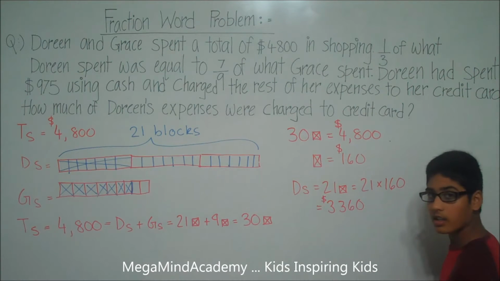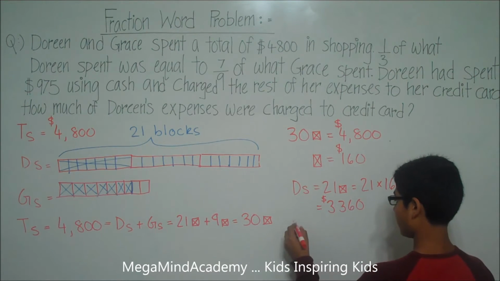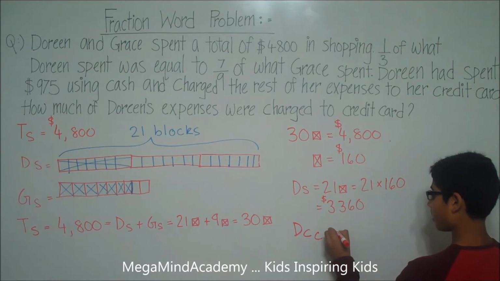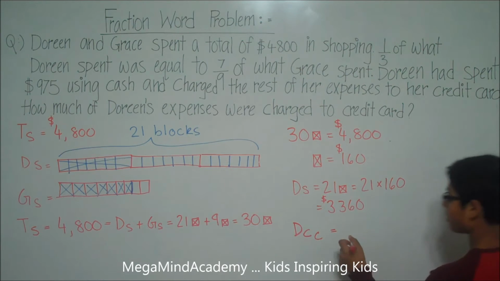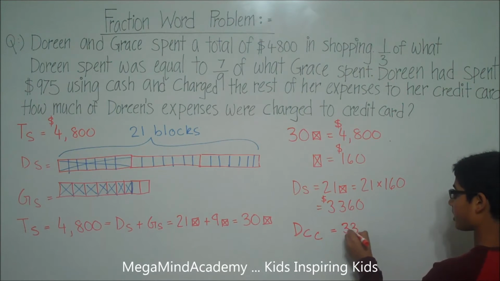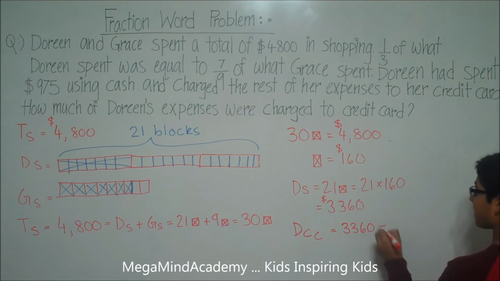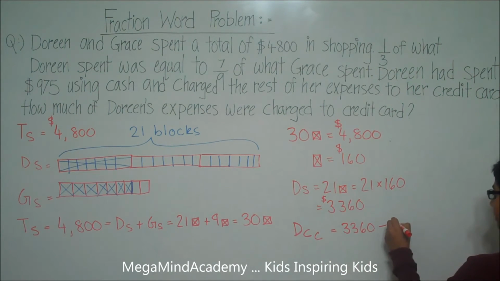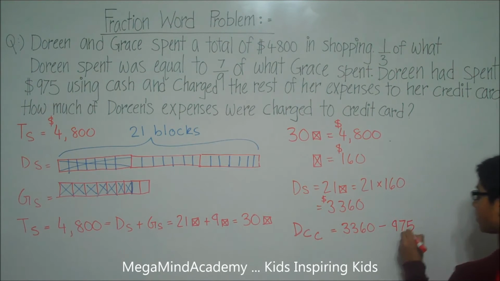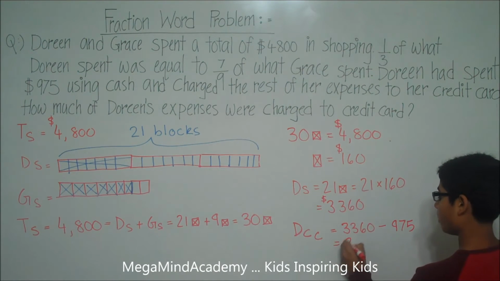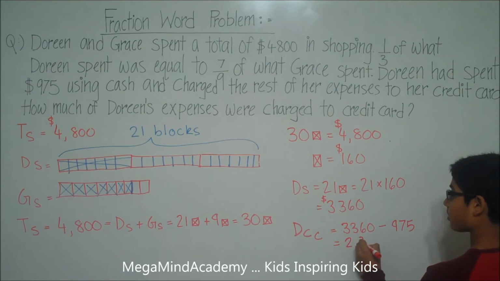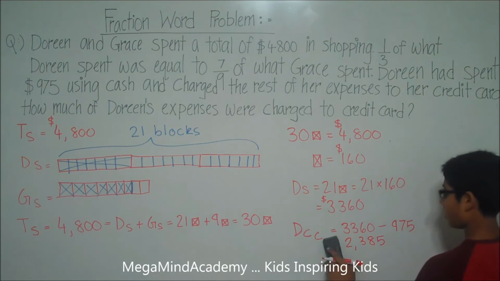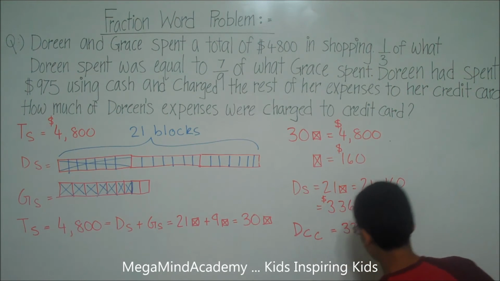So Doreen charged on her credit card, D for Doreen, C for credit card, is equal to 3,360 minus 975, which is equal to $2,385.